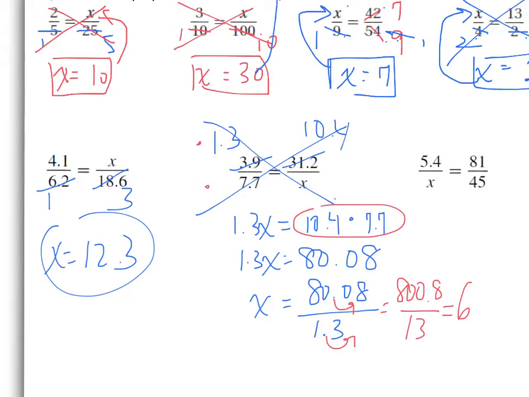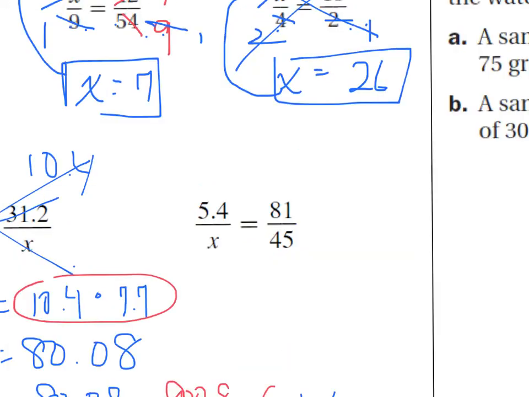And 13 times 6 is 78, and then 20, and I can use 1. 13 times 1, and 6. Okay, so your answer is x equals 61.6.